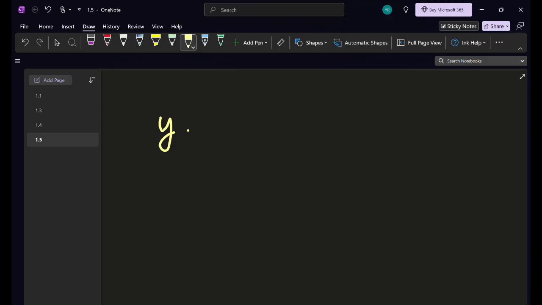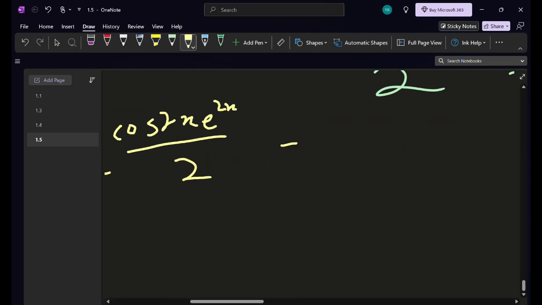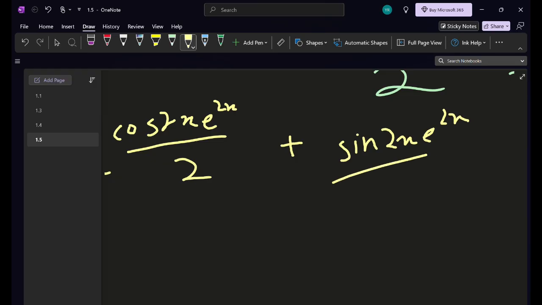So for the solution, it's going to be y into e to the power 2x is equal to 4 by 2 cos 2x e to the power 2x by 2 plus sine 2x e to the power 2x by 2.